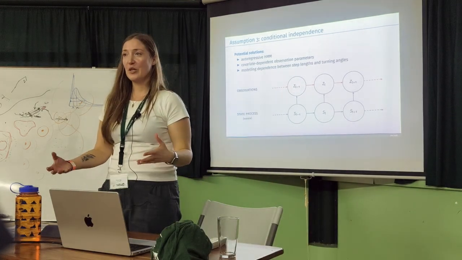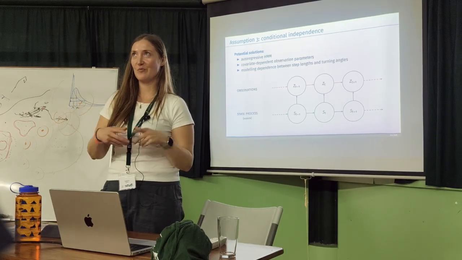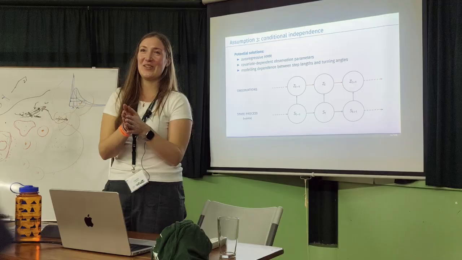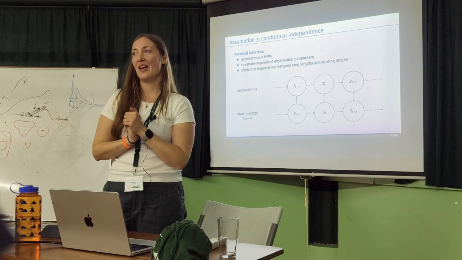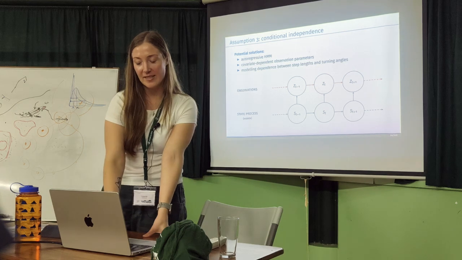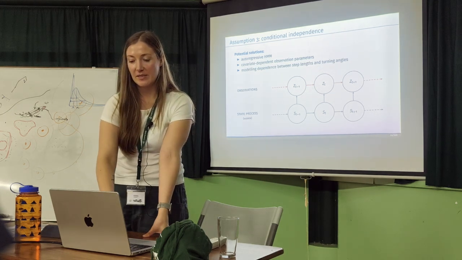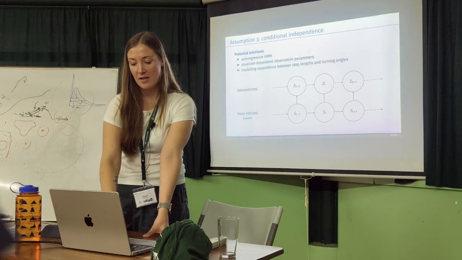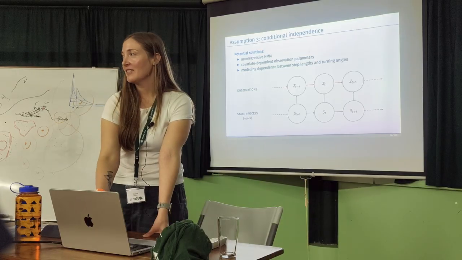You can actually do that by including a lagged version of the observation variable as an observation covariate. So you could have the mean step length depend on the lagged step length. We're not covering that in detail, but it's actually not that hard to do. And I think there are also methods to model that dependence between step lengths and turning angles within a state, but we're also not going to talk about that. But this is an assumption of an HMM that we really often violate.